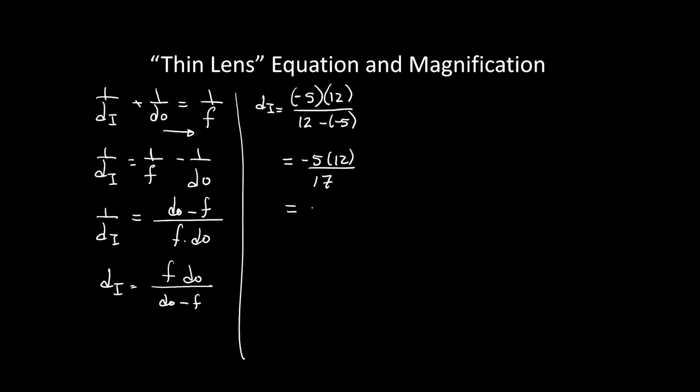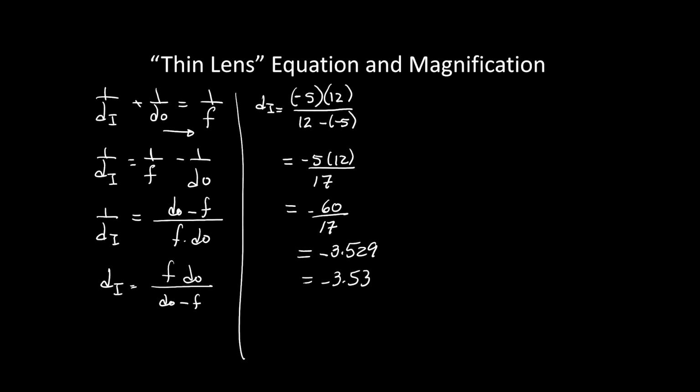So this is like -60 over 17. We cannot simplify top and bottom because the bottom is 17. It's very hard to simplify with that. So 60 divided by 17 gives me 3.529, or roughly -3.53 units.